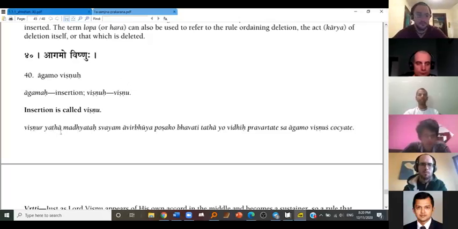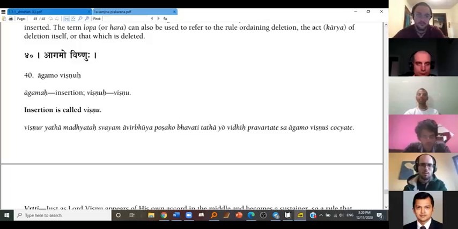Just like Lord Vishnu, avirbhuya, he incarnates in between, madhyatah, by himself, and then he maintains or nourishes, does poshana.